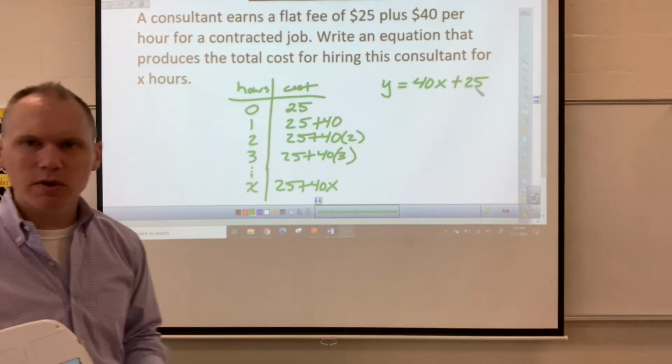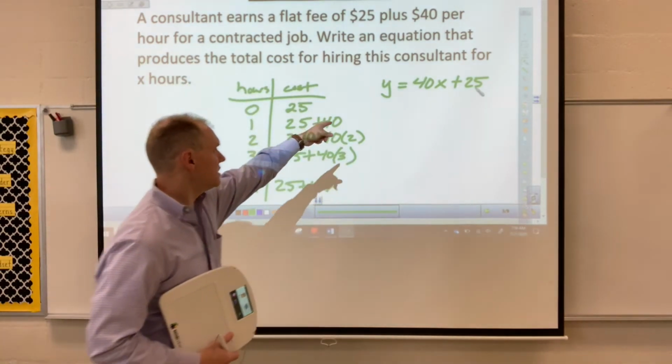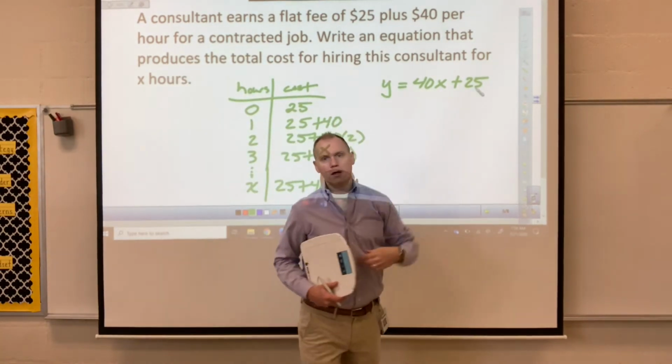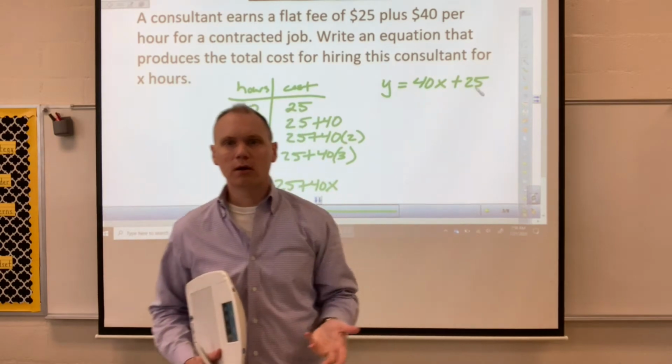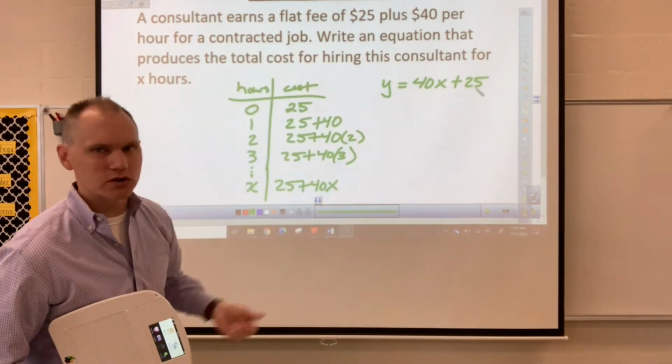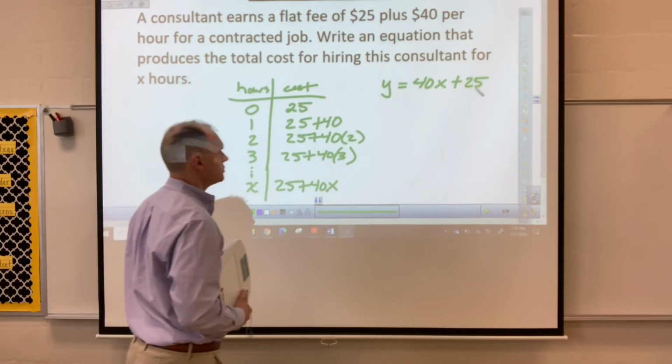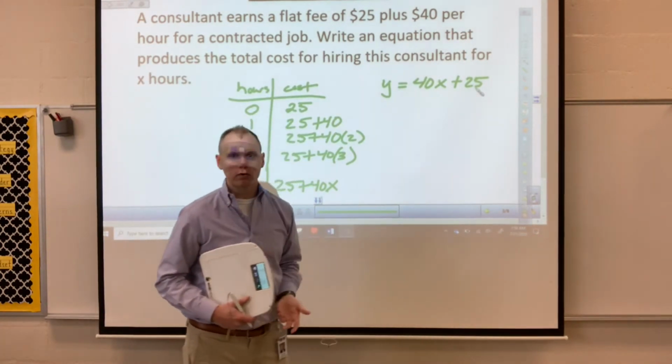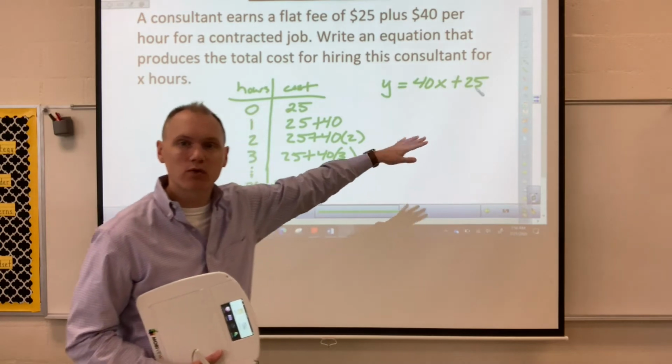You can check this just to make sure, but we can actually use this formula to even go down to fractions of hours if that situation allowed for it. So we could do half hours, 3/4 of an hour, something like that, because now we have a formula that would do that.